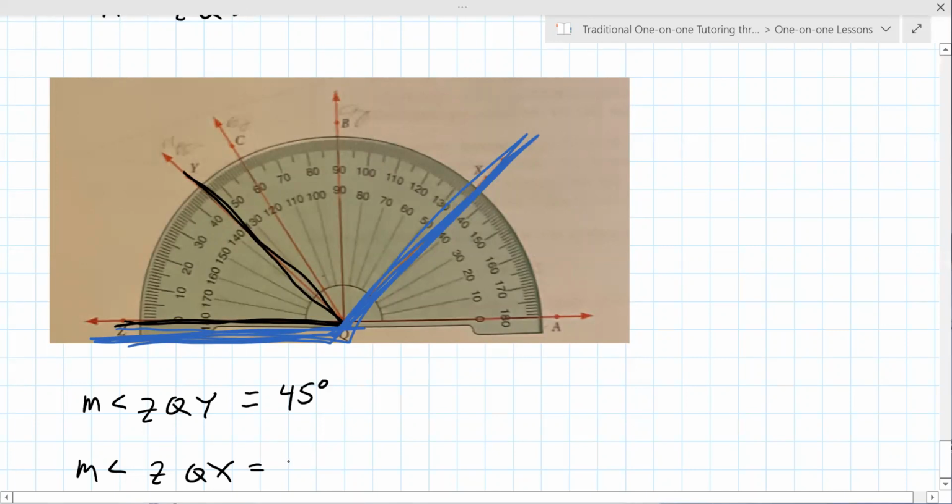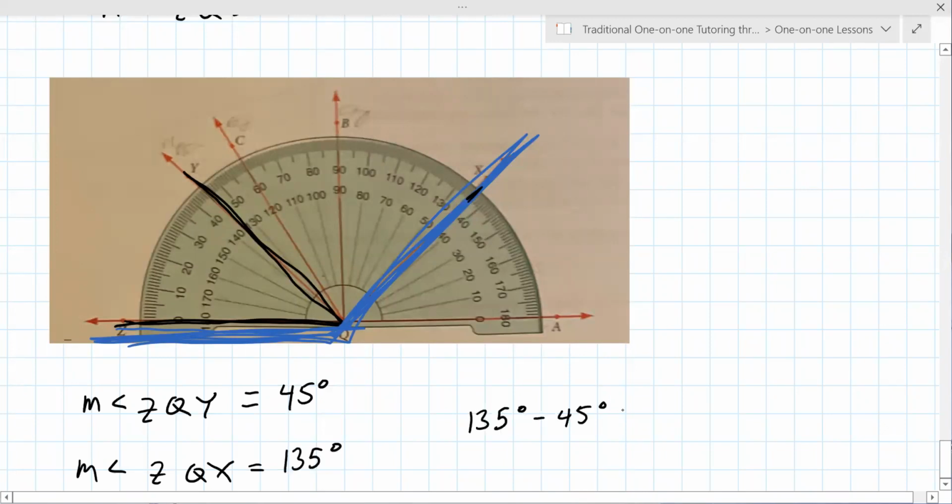It's 45. It's an obtuse angle. Can't be 45. It has to be more than 90. Okay, that is 135 degrees.